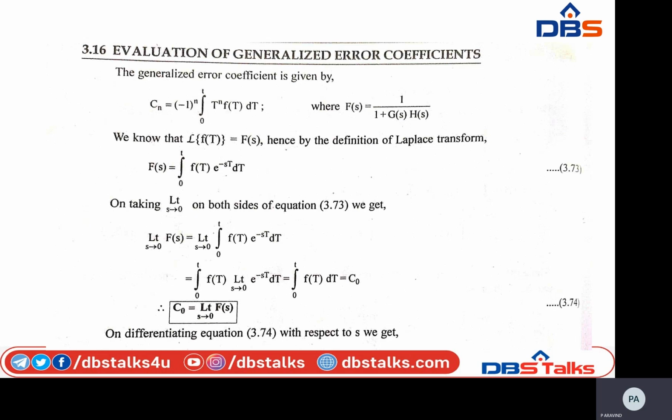Here F of s is the Laplace transformation of f of t. So I am going to write F of s equal to integral 0 to t of f of T into e power minus sT into dT.